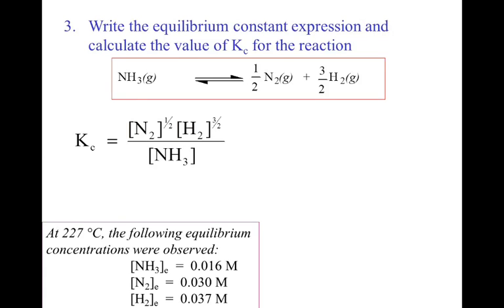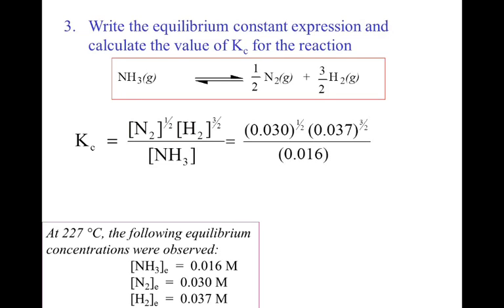So we have molar concentration of N2 raised to the 1/2 power, molar concentration of H2 raised to the 3/2 power, divided by the molar concentration of NH3 raised to the 1st power.